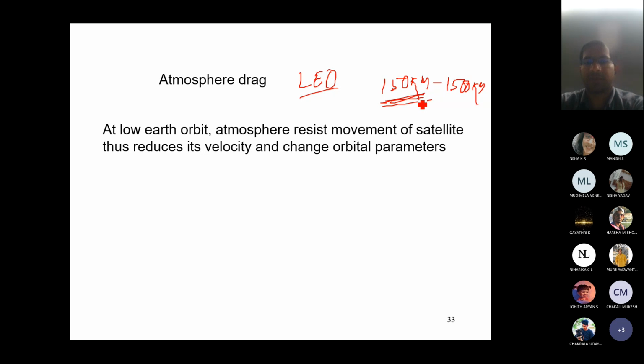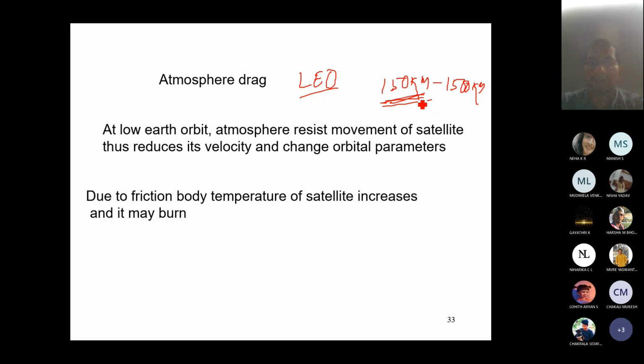Because of that, the velocity of the satellite will reduce, and not only that, the satellite will be heated because it will create friction. Due to this friction, the body temperature of the satellite will increase, because when the satellite is very close to the Earth's surface, the atmosphere of the Earth is very dense.